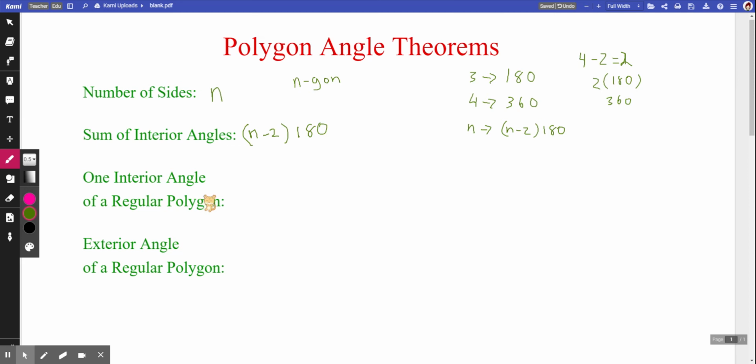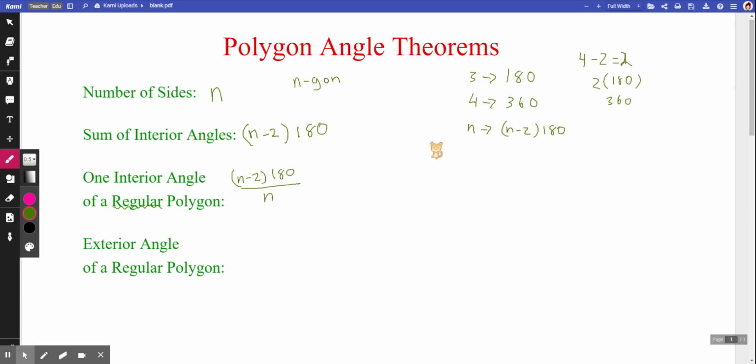One interior angle of a regular polygon. So remember that a regular polygon is when all of your sides and all of your angles are the same. So that just means you take the sum of the angles and you divide by the number of sides to get the measure of one single angle. This only works for regular polygons because irregular polygons, you have different size angles.